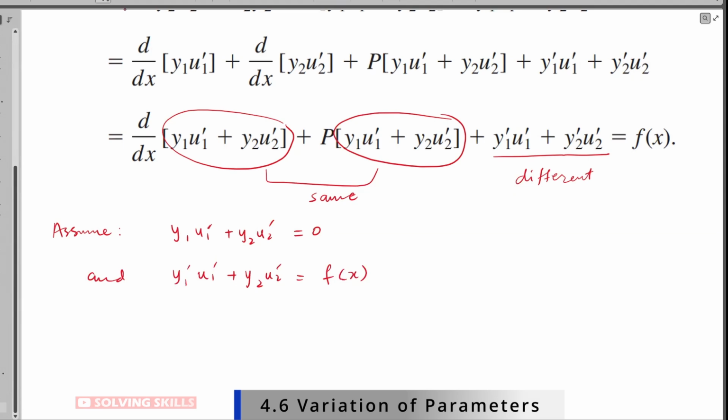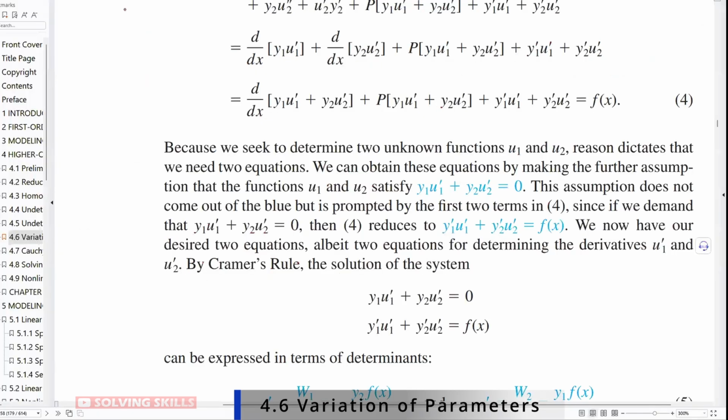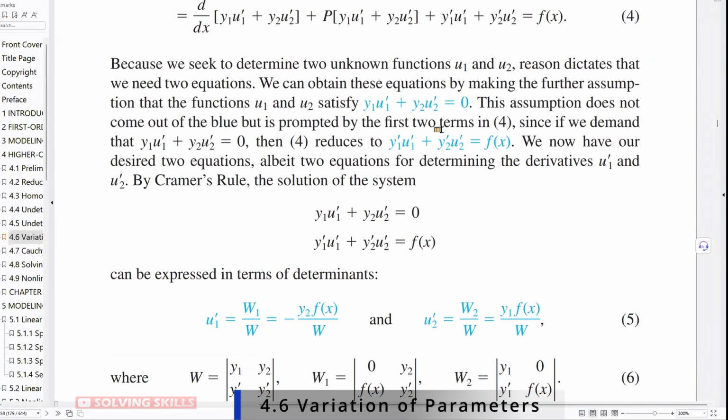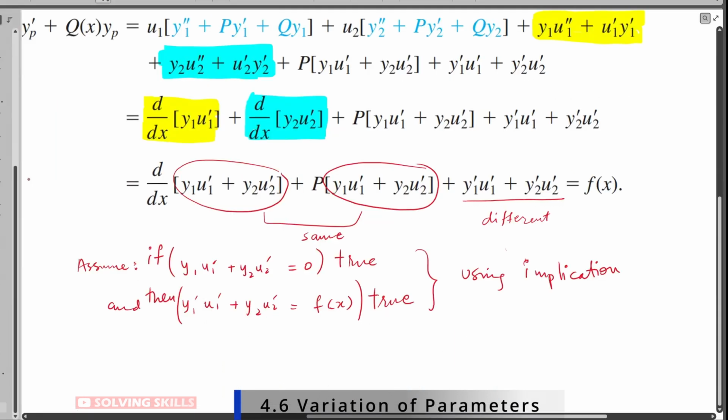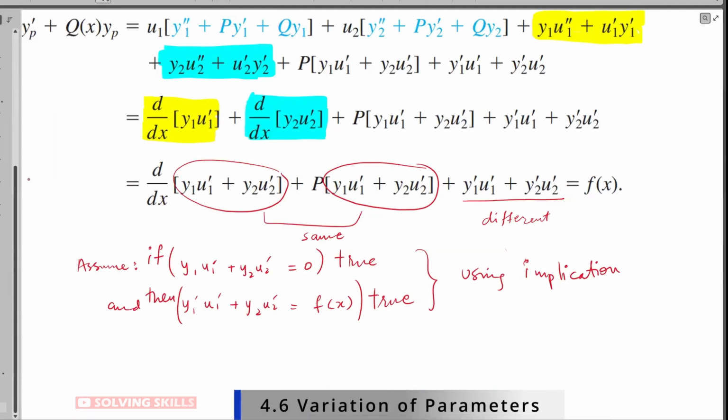I understand this may seem a bit unconventional, but this is an implication we are designing ourselves, and it allows us to get two equations.